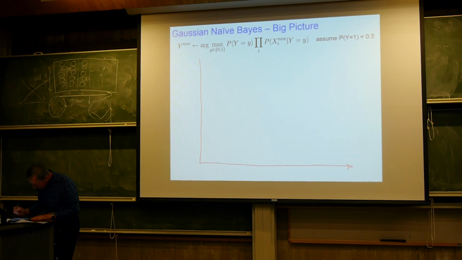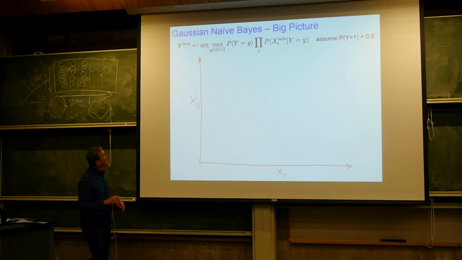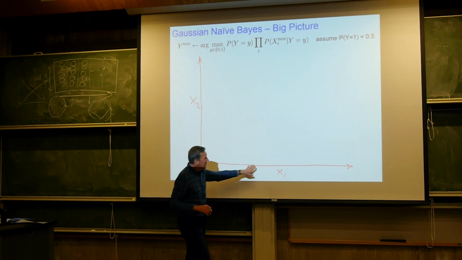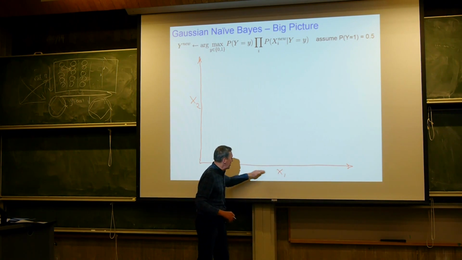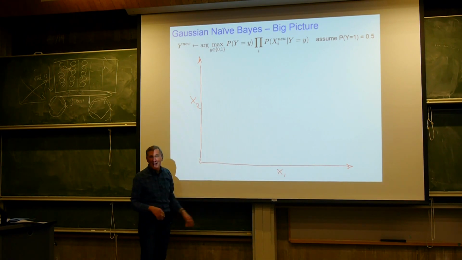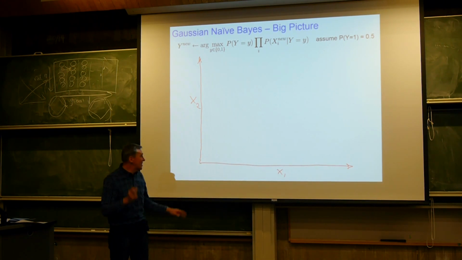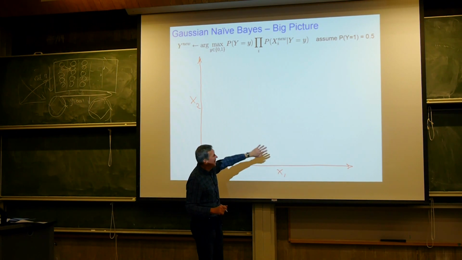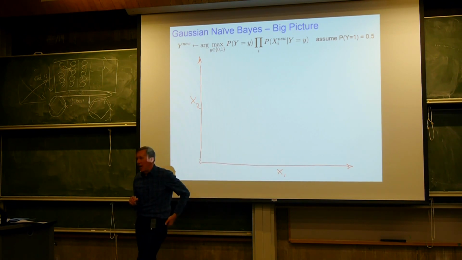So suppose I have some x1 and some x2, like last lecture. And these are continuous variables. You know, this could be your height, and this could be your machine learning grade. And the classification problem is to do a Boolean classification over these x's.